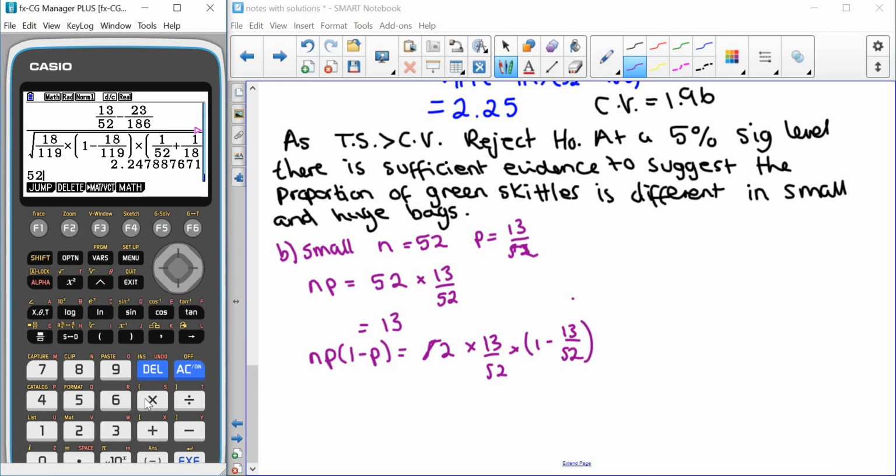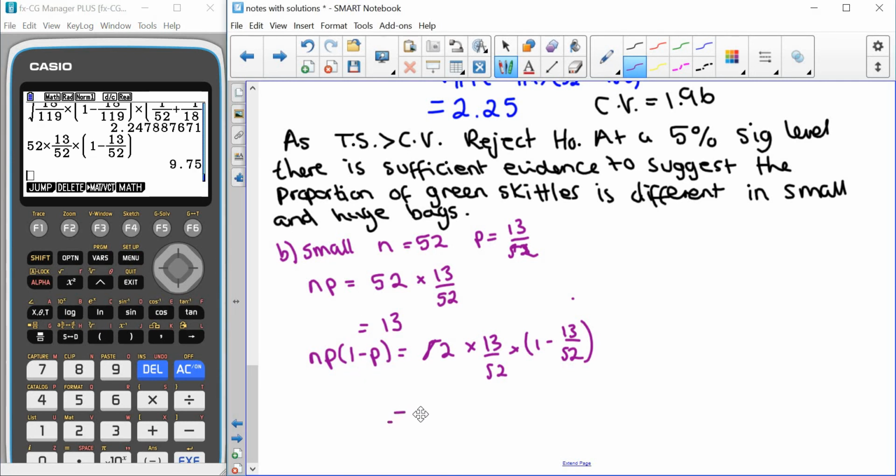So 52 times 13 out of 52 times 1 minus 13 out of 52 gives us 9.75. So that is not good. Let's check if any of the other values end up giving us a value that's less than 10.